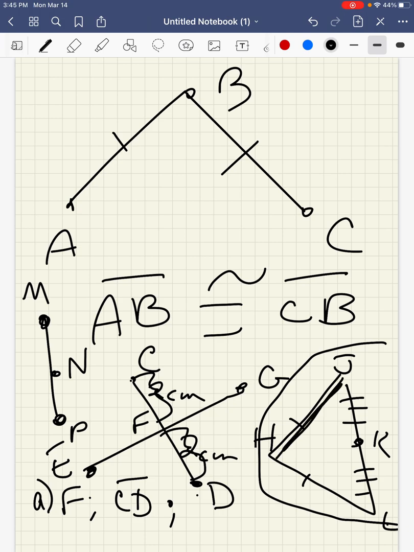Well, there's nothing here. That's one side. That's all that's saying is this is congruent to this. So those two sides are equal. But over here, since we have 3 tick marks here, 3 tick marks here, that means that this segment is equal to or congruent to this one. So that would make K the midpoint, and the segment that it bisects or cuts in half is JL.